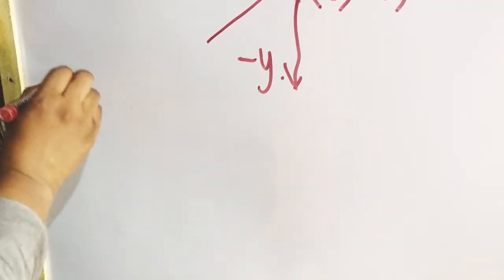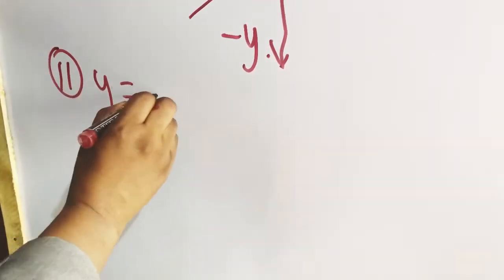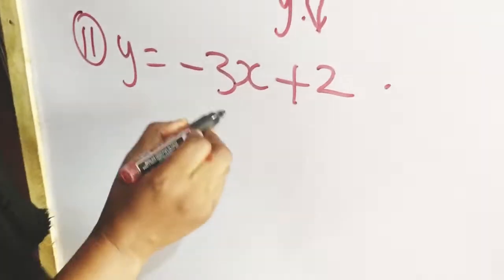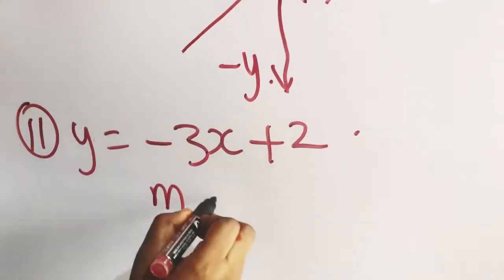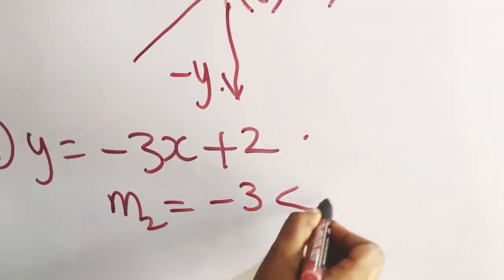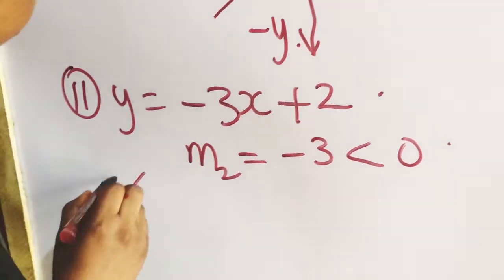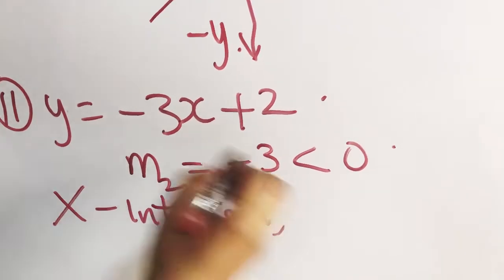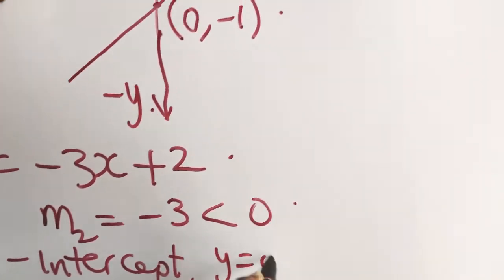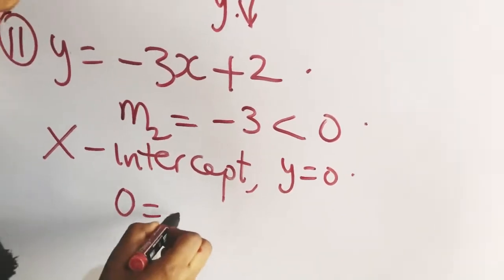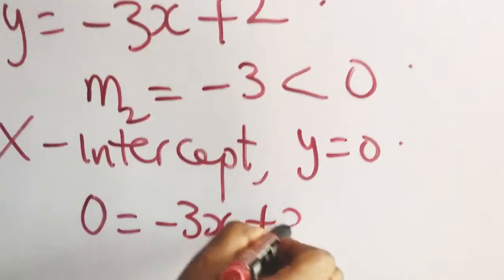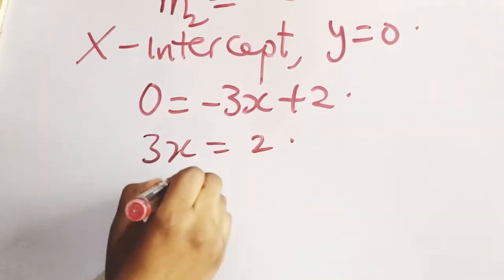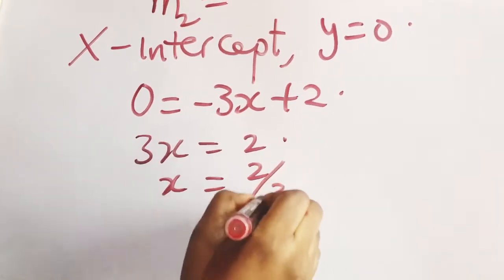So number 2, which says y is equal to minus 3x plus 2. Here we can see that the slope m2 is equal to minus 3, which is less than 0. For the x-intercept, when y is equal to 0, 0 is equal to minus 3x plus 2. So 3x is equal to 2, x is equal to 2 over 3.